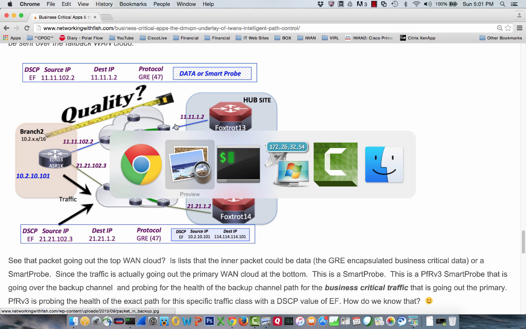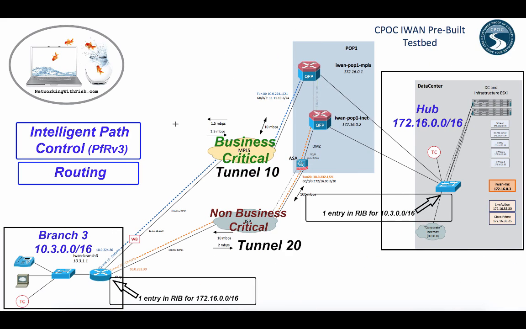What do I mean by that? What I mean is, if I only have one entry in the rib at branch 3, and that entry is to go out here to tunnel 10, how do I know at all that I can go out tunnel 20 to get to 172.16? Well, here's the beautiful thing, and also why EIGRP or BGP.